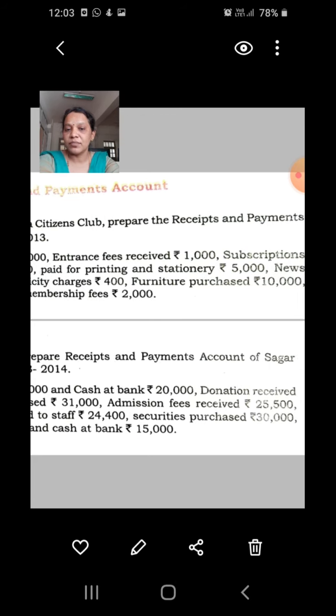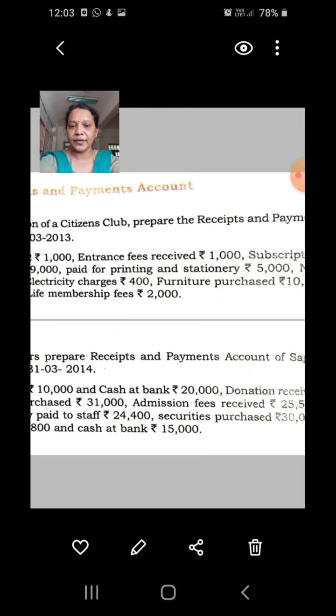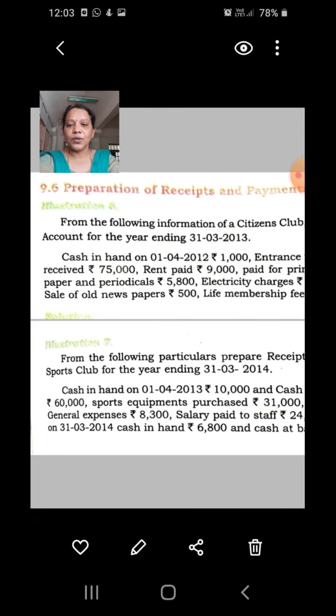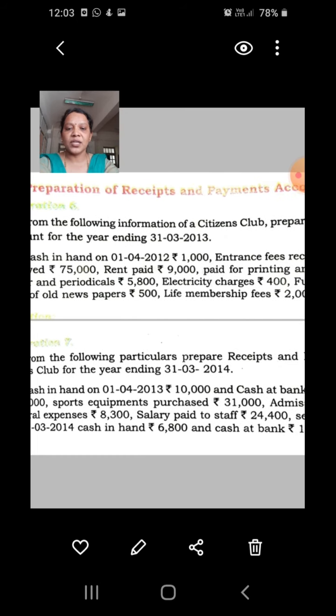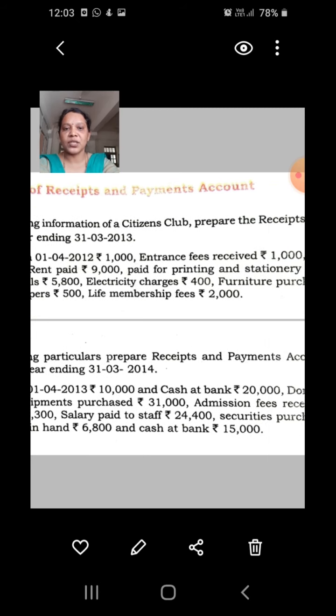Securities purchased, means some investment made in the form of shares and debentures, 30,000, payment side. Then they have given the closing cash balance on 31/3/2014: cash in hand 6,800 and cash at bank 15,000.